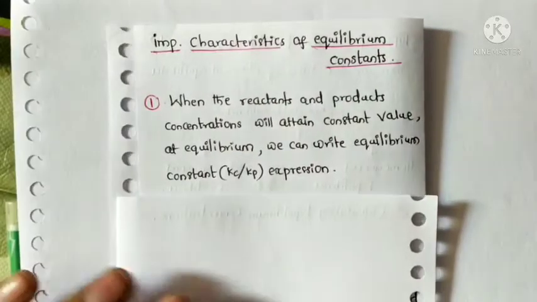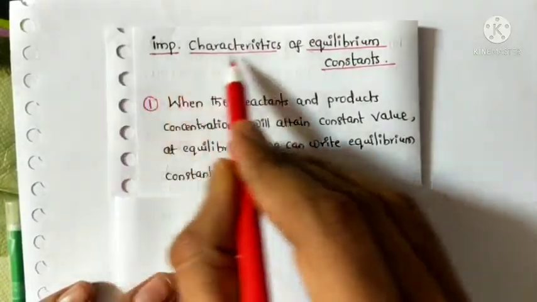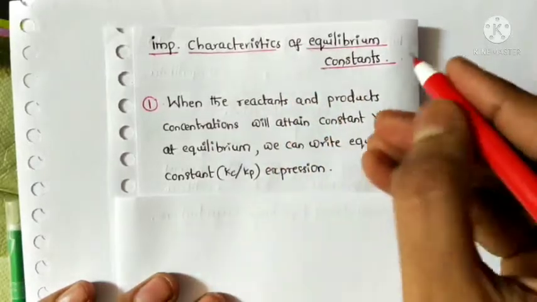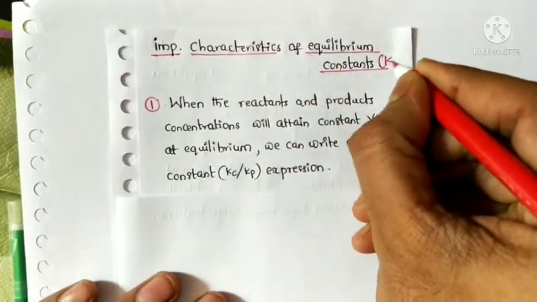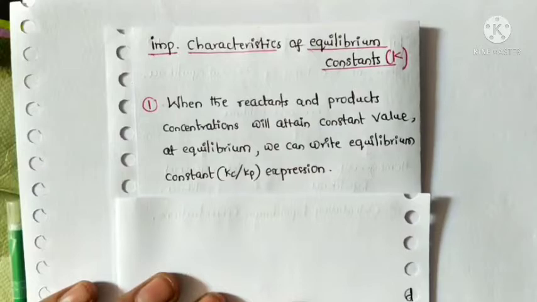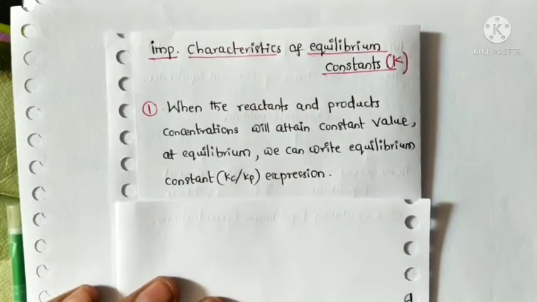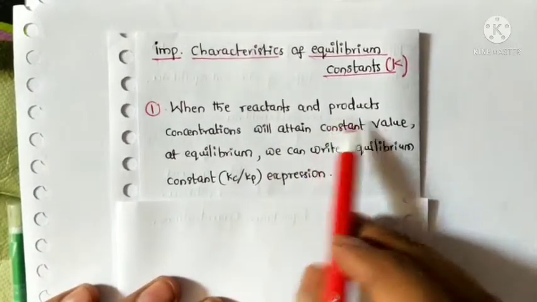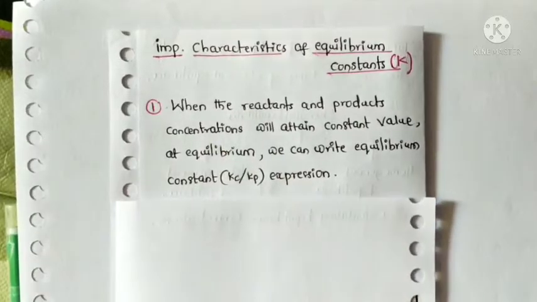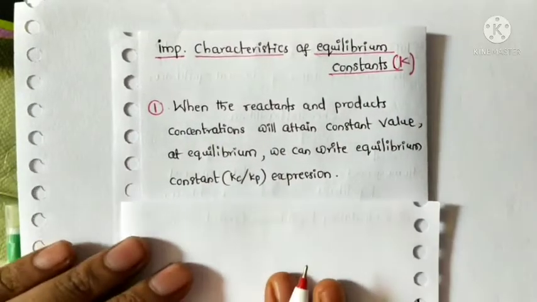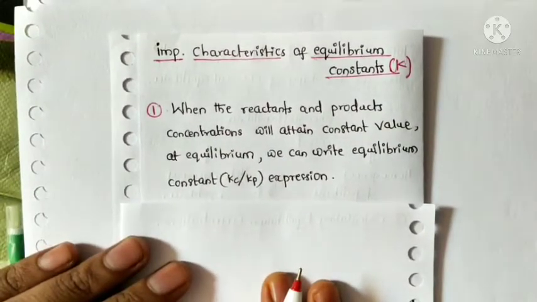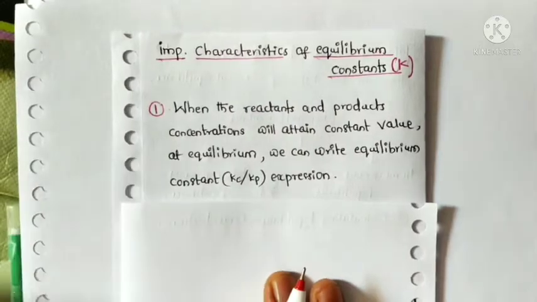So now the next topic is the important characteristics of the equilibrium constant, that is K. First point: when the reactants and product concentrations attain a constant value at equilibrium, we can write the equilibrium constant expression.